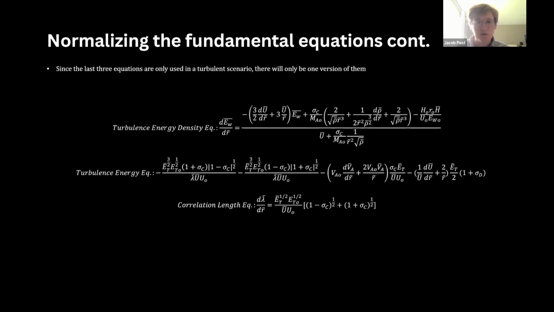And so this next part is essentially just introducing the 3 normalized equations that will be used in our more complex scenario, the turbulent heating or turbulent pressure scenario. And it may look like a lot right now, but trust me, it is slightly easier to work with these equations and create a program that is able to accurately create the graphs that we are looking for.